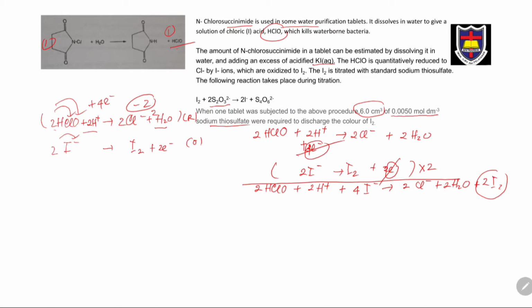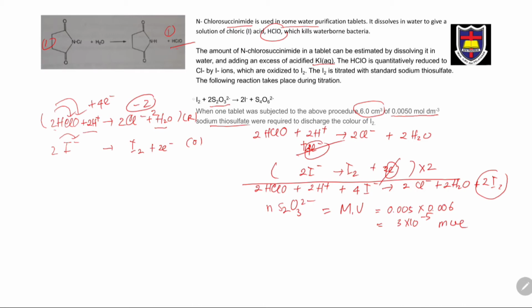So the number of moles of S2O3 2 minus ion is molarity times volume. The molarity is 0.005 times the volume is 0.006 dm cube. So you have 3 times 10 to the power of minus 5 mole of thiosulfate.